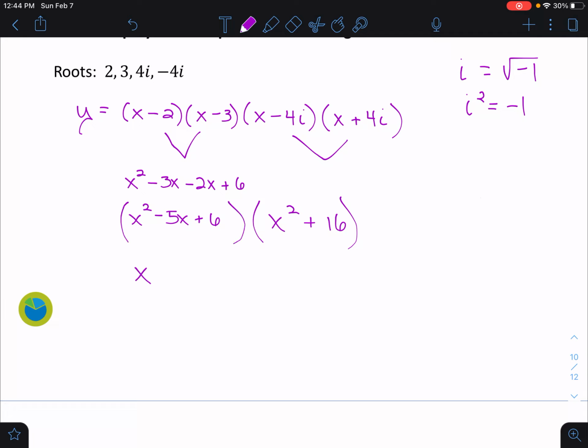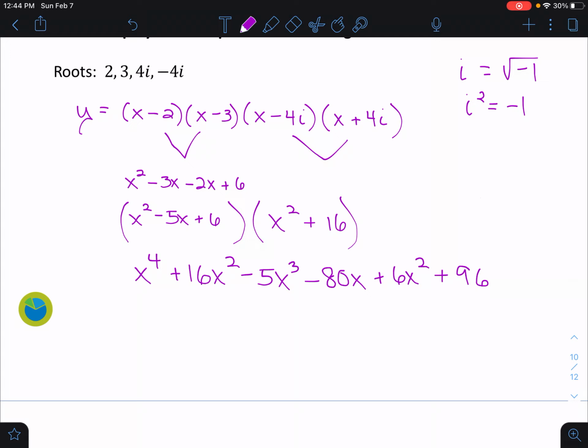So let's see, we'd get x to the 4th plus 16x squared minus 5x to the 3rd minus 16 times 5 is 80, right? Yeah, minus 80x. All right, and then plus 6x squared. And then that would be 96.